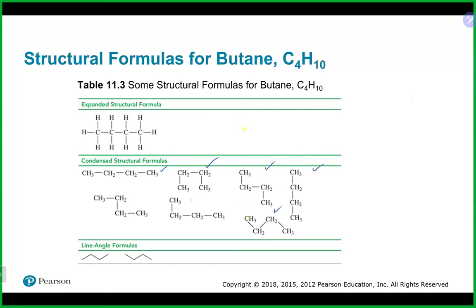Now, sometimes when people will look at this, they will think that it is actually different things because it's drawn differently, right? So why would you draw it differently if it's not this different? And sometimes that does happen in organic chemistry.